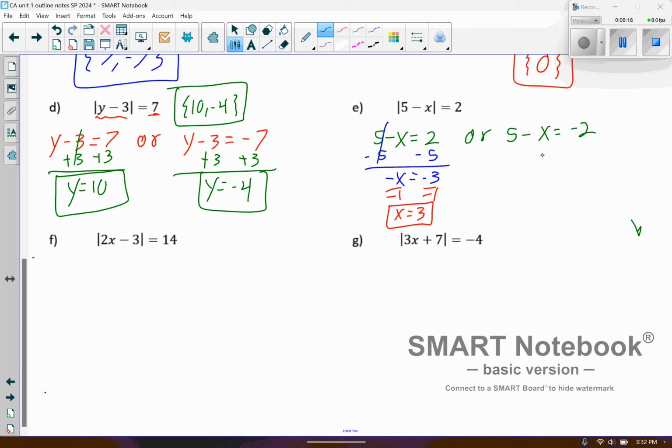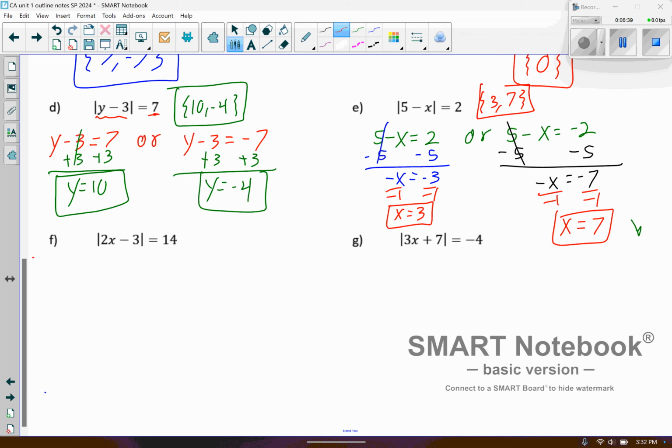And then over here, let's subtract 5 again. So we get negative x equals negative 7. Then we'll divide by negative 1, which causes a sign change. So we get x equals positive 7. Those are my two solutions for this. 3 or 7 would work for example E.